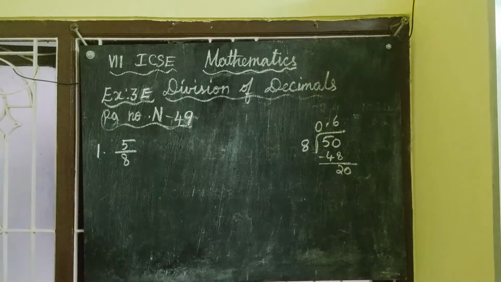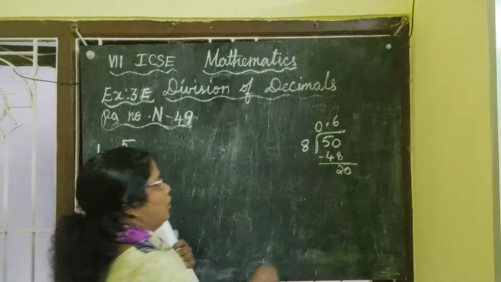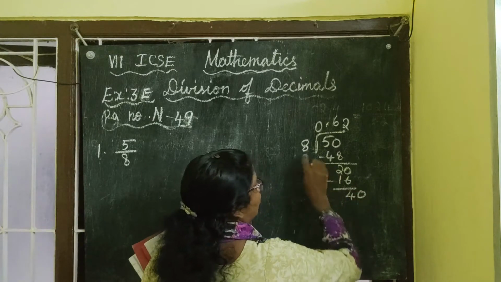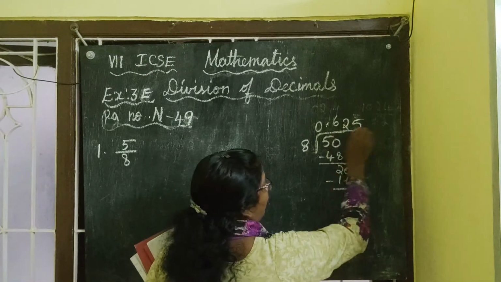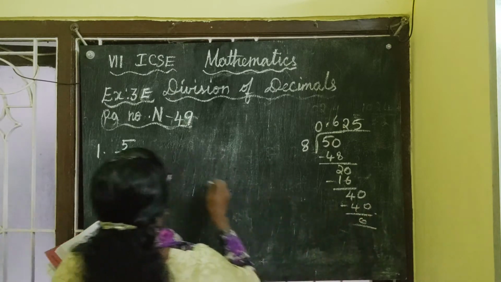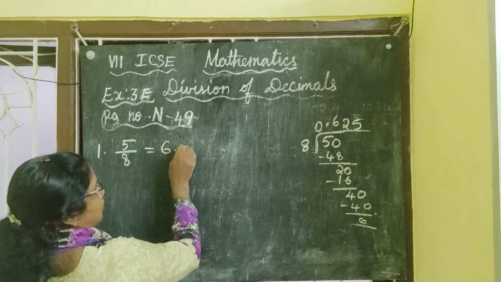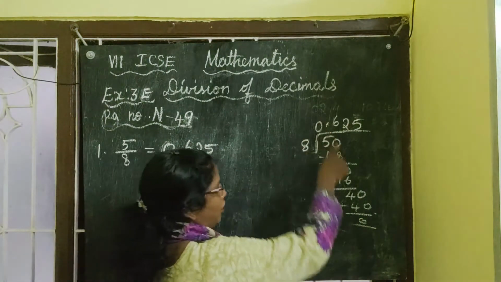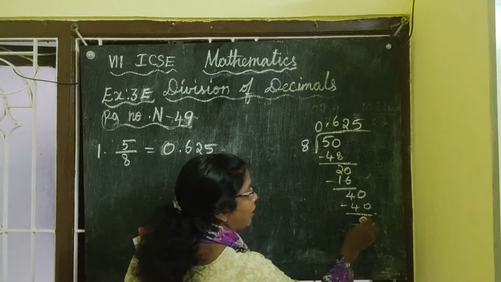Now in 20, how many times? 2 8s are 16. Remainder 4. Again you add 0. So 5 8s are 40. So your answer is 0.625. You see, after dividing, I don't have any remainder here.